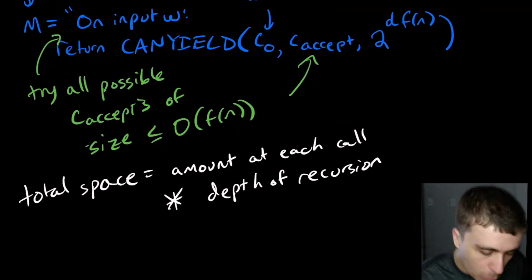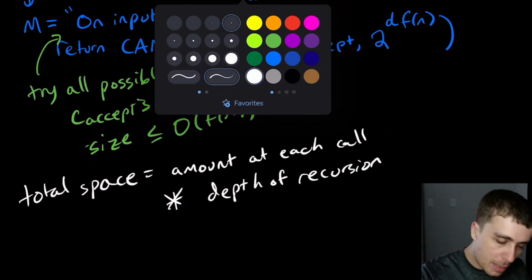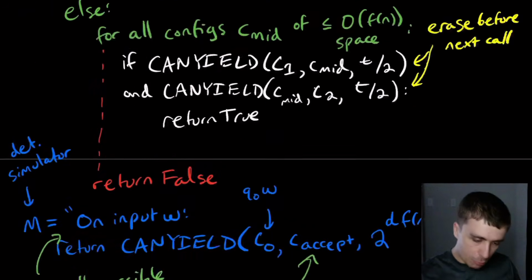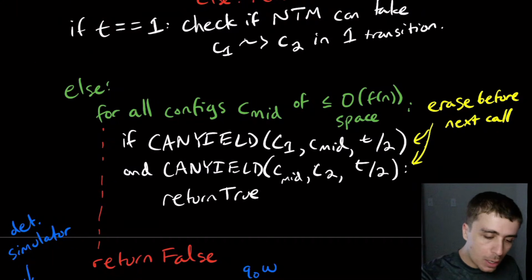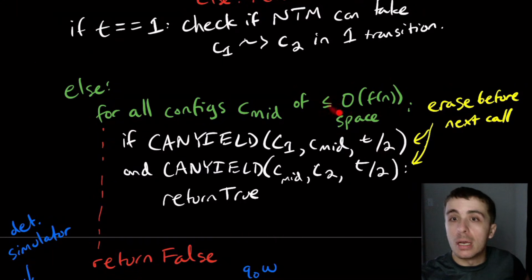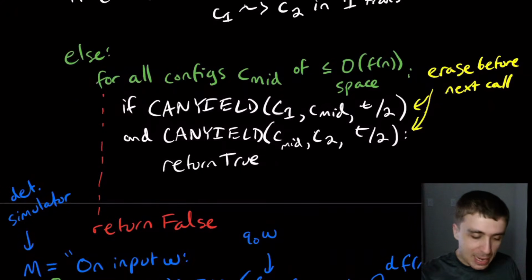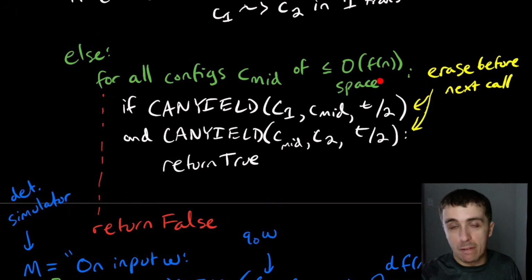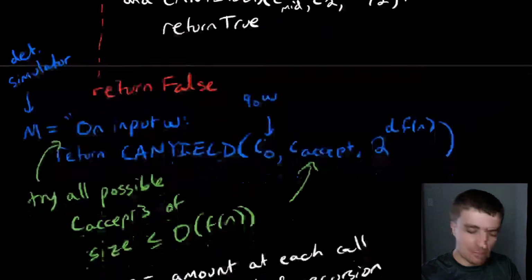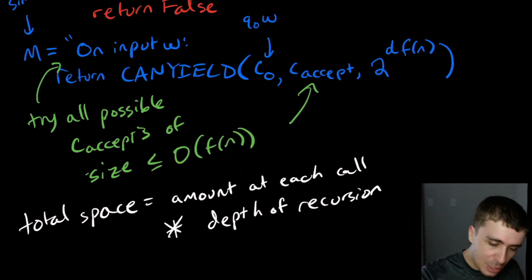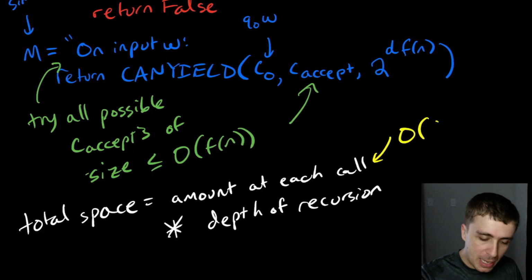Well, what is the amount at each call? If we examine what we did here, we looked at every configuration of f of n size, and we never use more than f of n. It might increase the constant, but it's some constant times f of n. So the amount at each call is going to be big O of f of n.